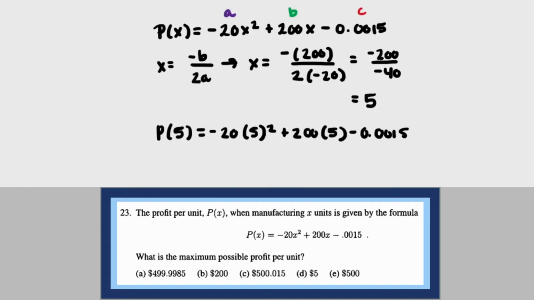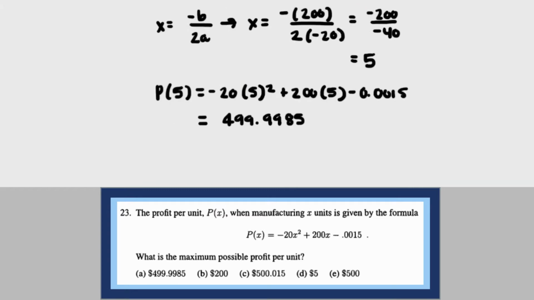When we evaluate that, we get the answer being 499.9985. So basically, the max profit is going to equal $499.9985, I guess you can say. And the answer choice that lines up with what we got is answer choice A. So A will be the answer to number 23.